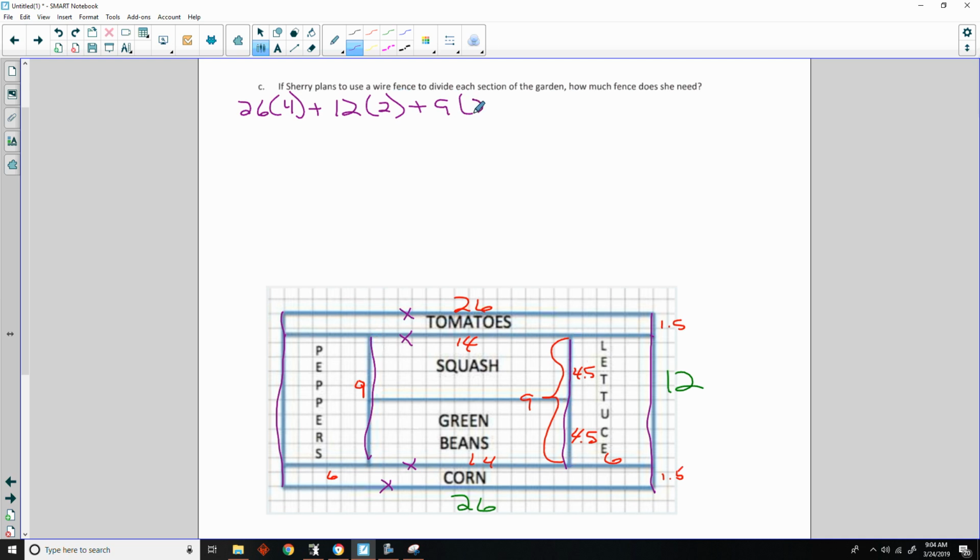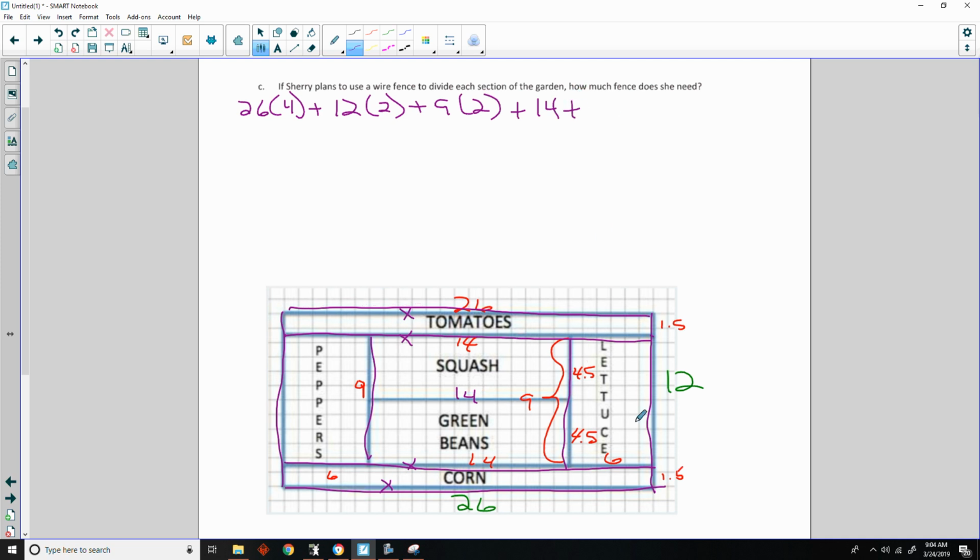So let me just mark this up as we use them. I put X's here, but let me do this. I've done that, I've done that. This is the 26 times 4. Okay, we've accounted for all of that. We've accounted for the full sides of 12 times 2. We've accounted for the 9s. Now these 14, this is 14 right here. So that's going to be plus 14.